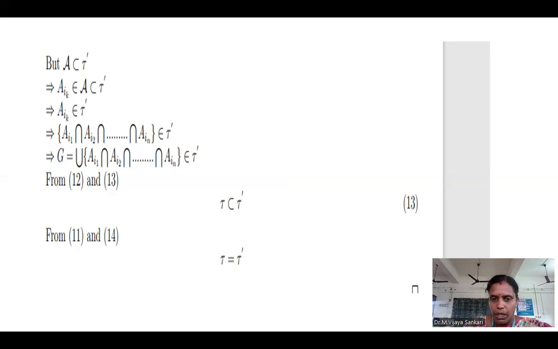From equations 12 and 13, combining, tau is a subset of tau dash. Therefore, combining equations 11 and 14, tau equals tau dash. The topologies are the same.